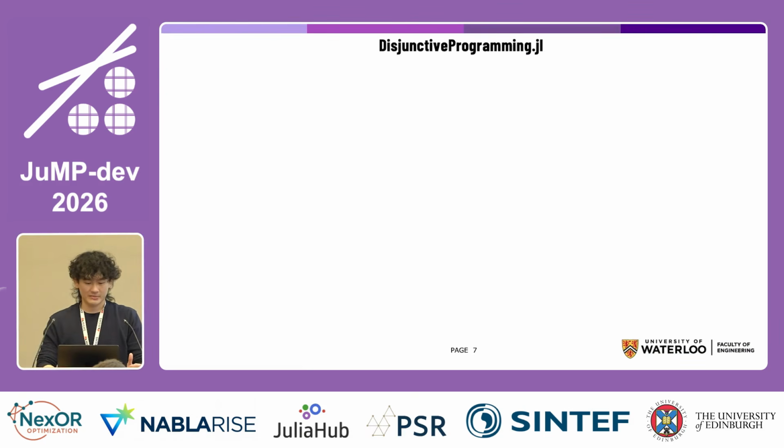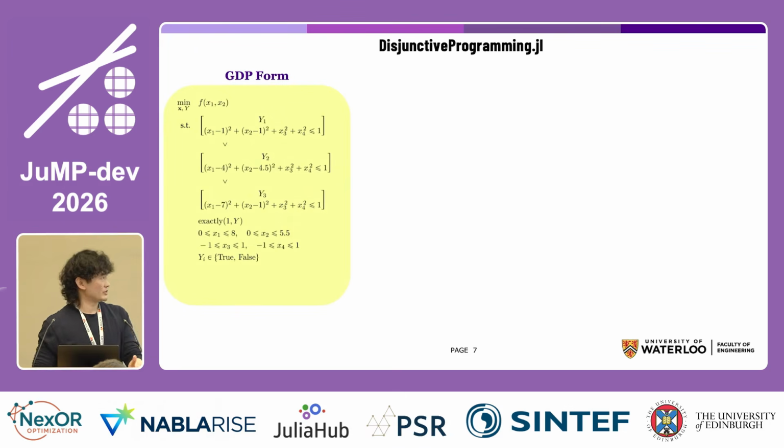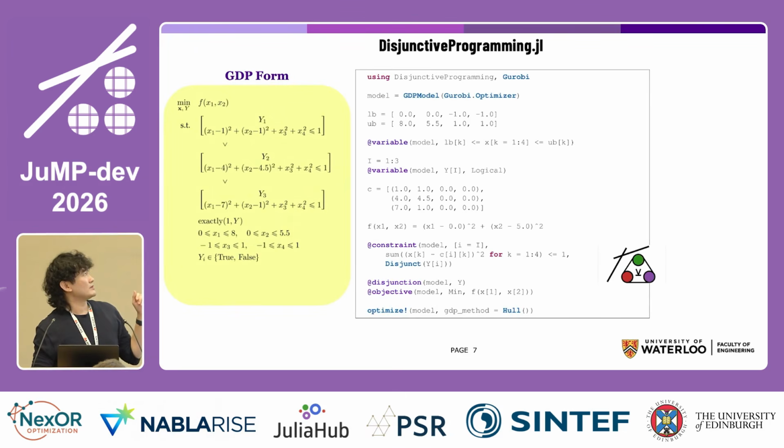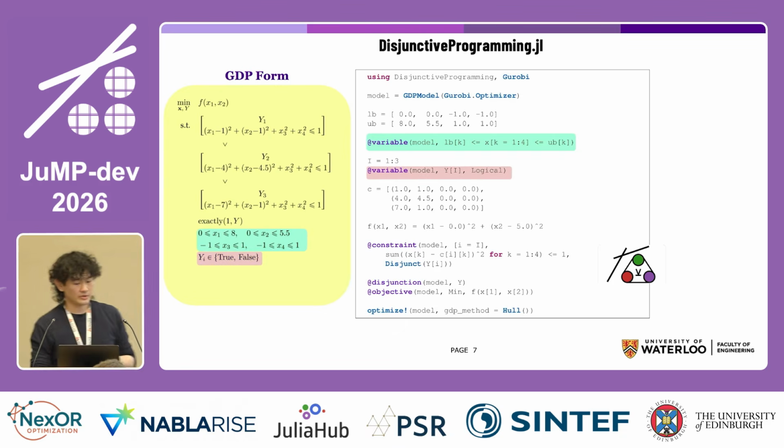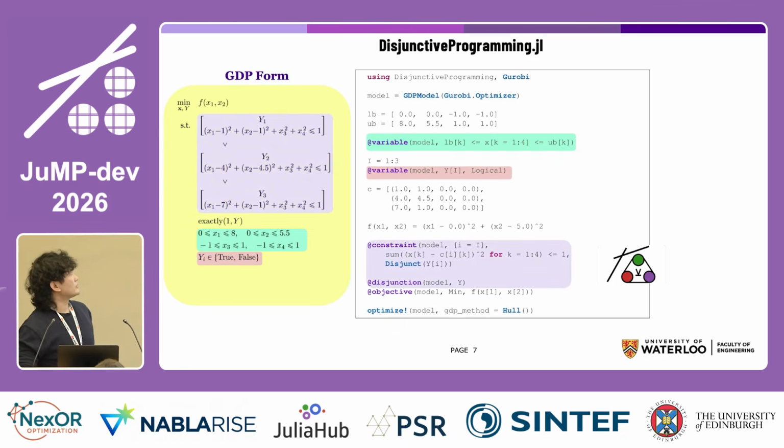So where does our package come in? With the problem we just found, you can model it very cleanly here in the GDP form. You have your variables, which are just regular JuMP variables. But then we also have logical variables, so these are true, false. And your disjuncts are modeled. We're using set notation here; you could expand it, but you have disjunct 1, 2, 3, and the constraints follow the same form.